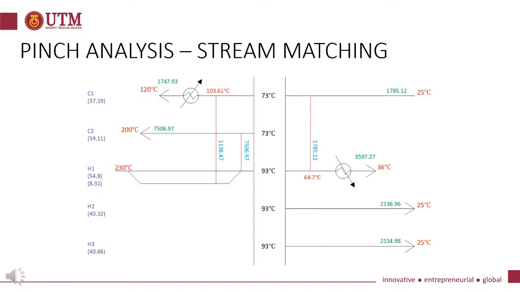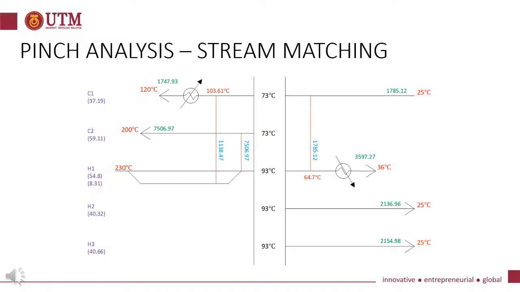The rule is CC must be greater than CH, so the only streams that obey the rule are stream H1 and C1. So stream C1 will transfer all of its energy to H1, but the energy is not enough. At about 64 degrees C, it will need about 1800 more energy. So we added a cooler to further cool down the stream.